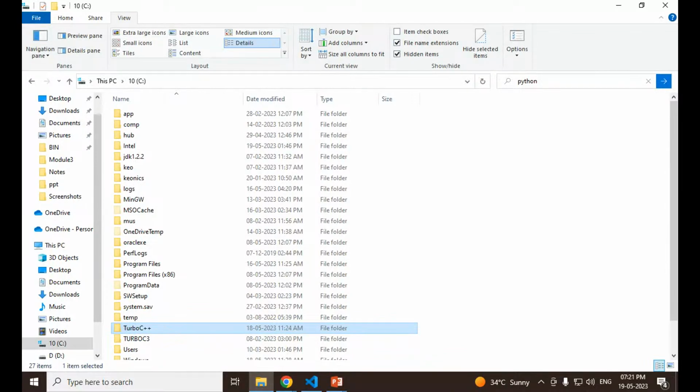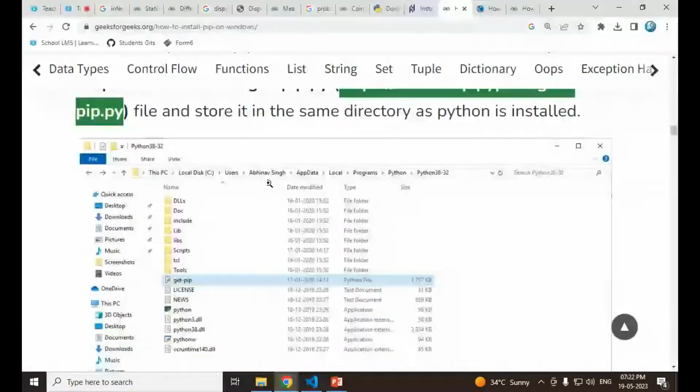You are at this place. Python and Python 3. Inside that, you can find this thing. Which one is 310 or 311? 311. Presently, you are using 311.